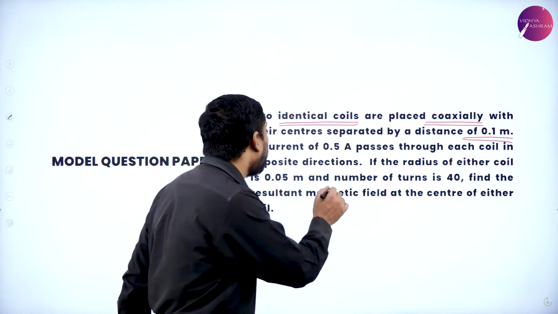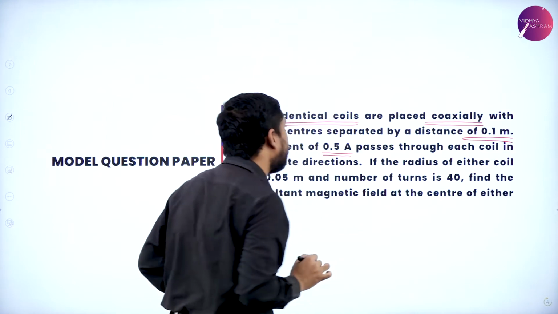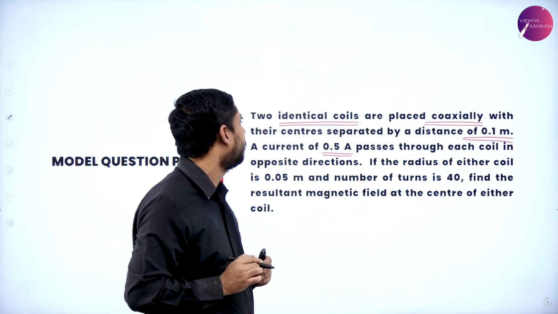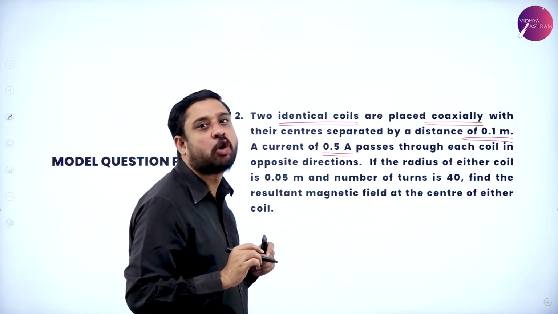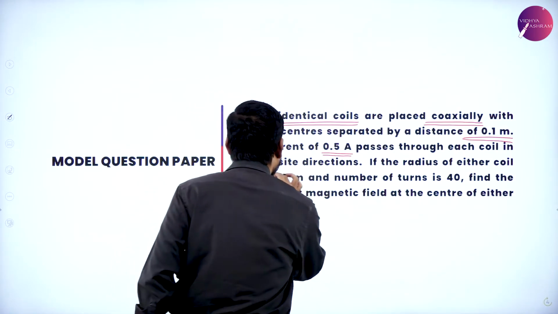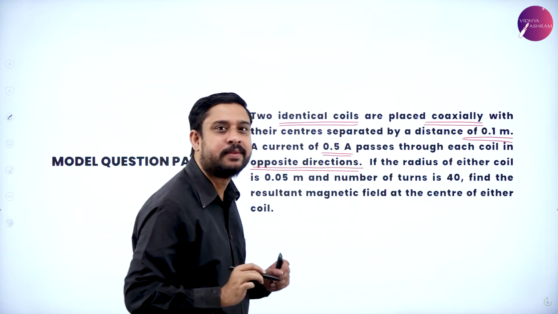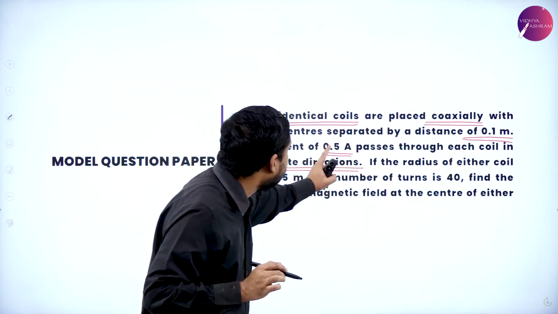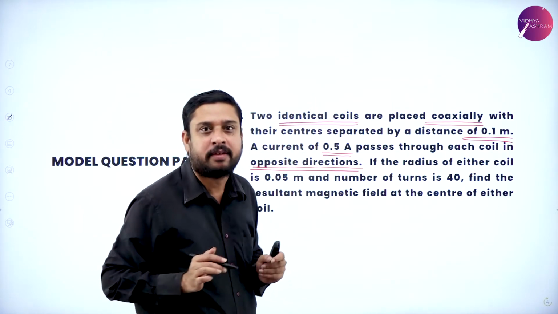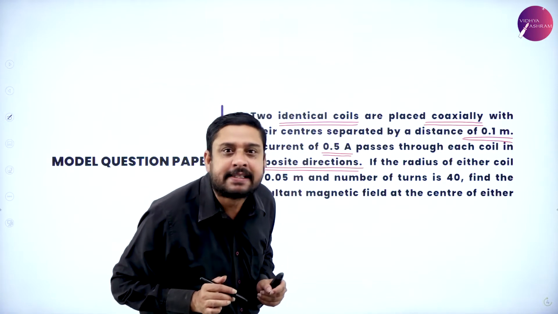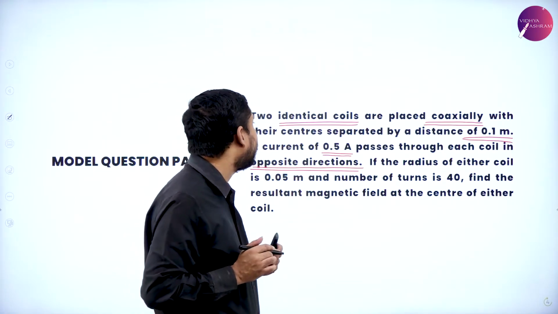A current of 0.5 ampere passes through each coil in opposite direction. So there is a current of 0.5 ampere which is passing through each coil in opposite direction.